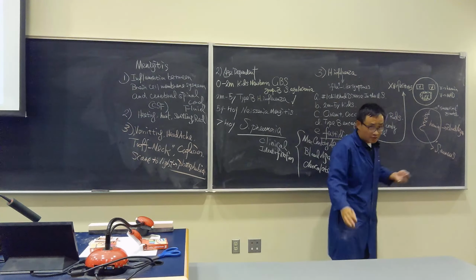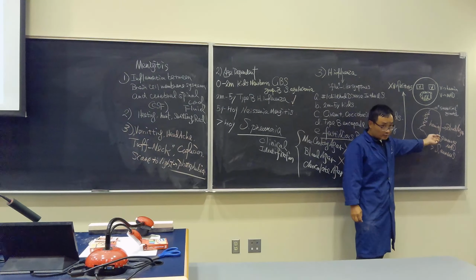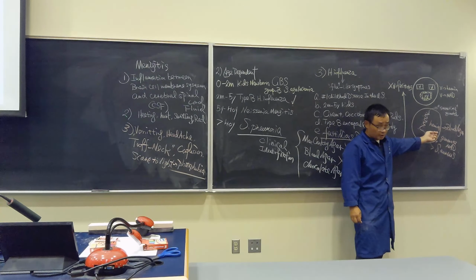So Haemophilus can grow surrounding the Staphylococcus aureus on the blood agar because it supplies the X factor, hemin, and the V factor, nicotinamide adenine dinucleotide, which is NAD. So it's a very interesting phenomenon. And this slide will explain to you the type B Haemophilus influenzae.